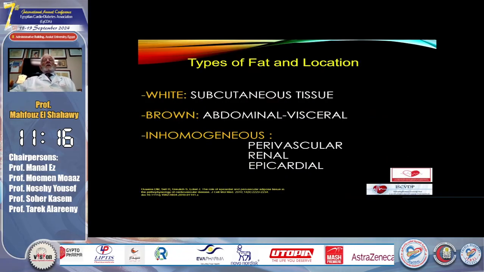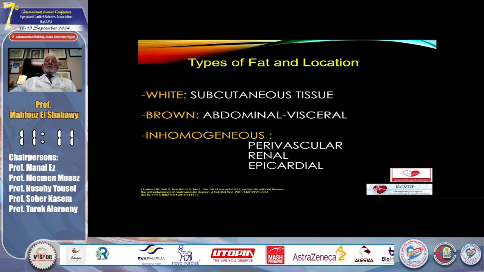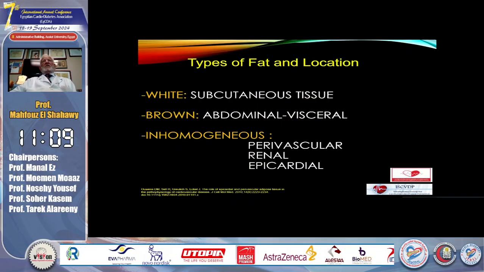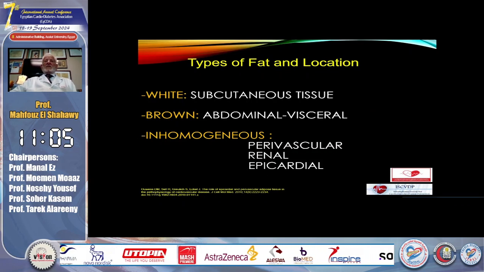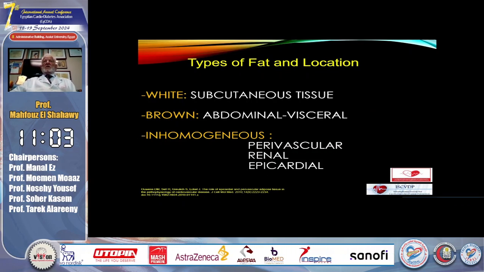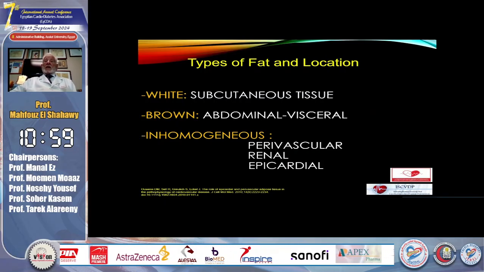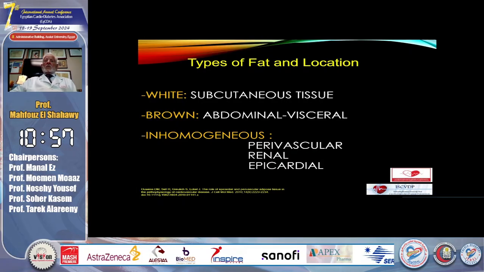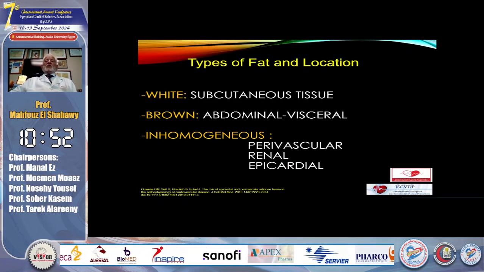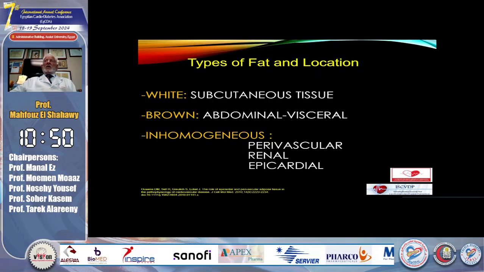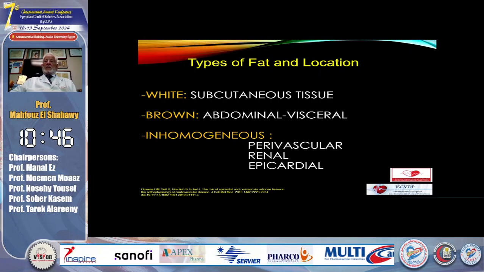Now, before going to that, let us talk about the types of fat in your body. Your fat has three different classifications. White fat, subcutaneous tissue, is inert most of the time, no problem, just cosmetic. Brown abdominal visceral fat has a different messenger RNA than the third group, which we call inhomogeneous: perivascular, renal, epicardial.